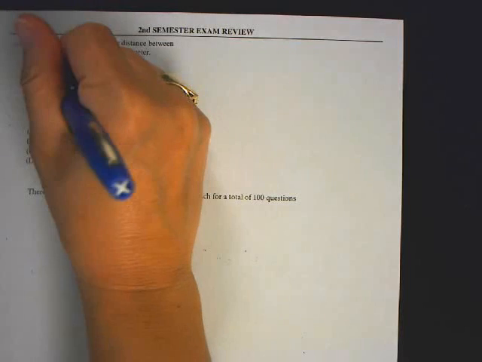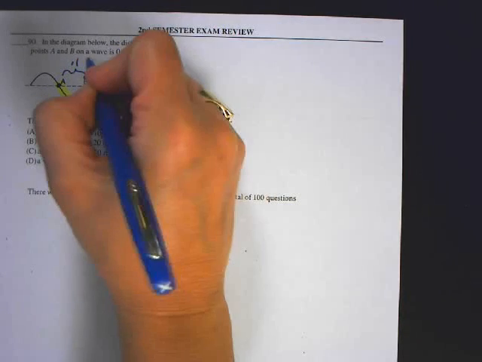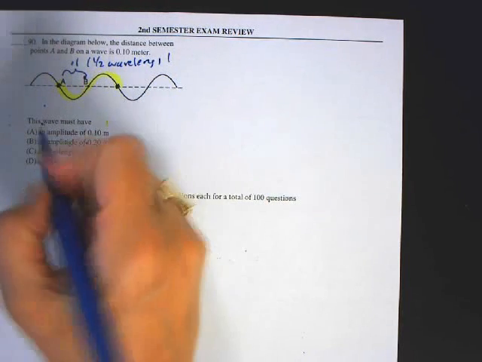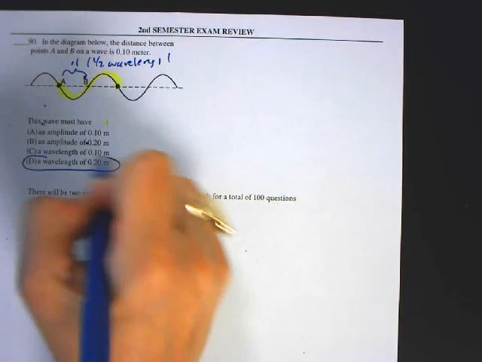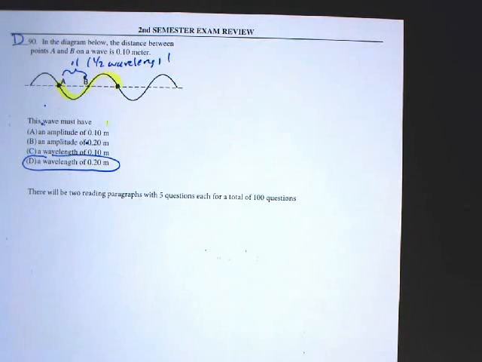So if this distance here is 0.1, that's half a wavelength. They want to know what the wavelength is, so 0.1 times 2 would be 0.2. And that's it. That's the review.